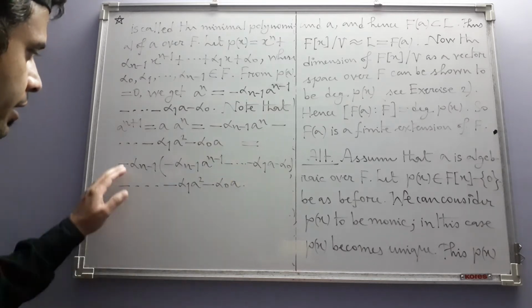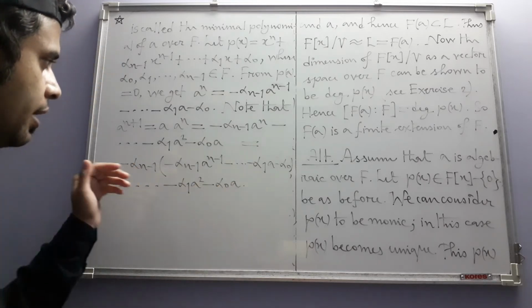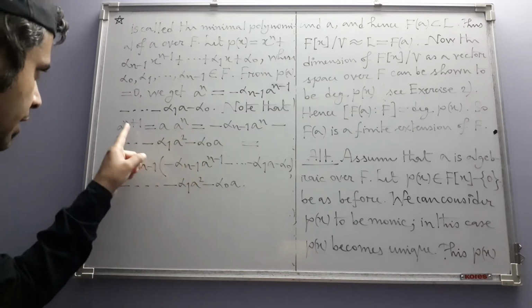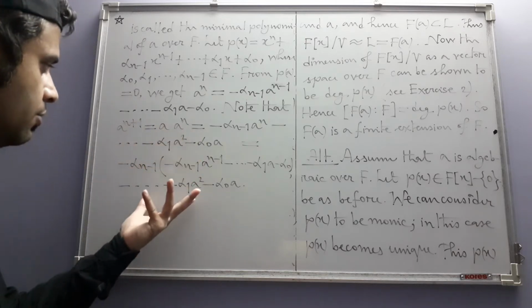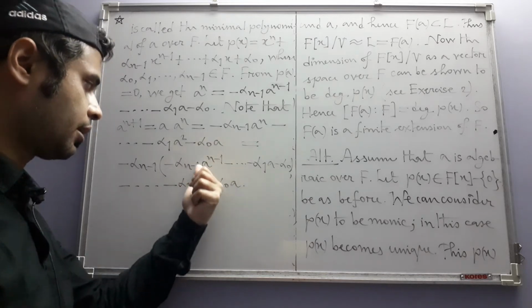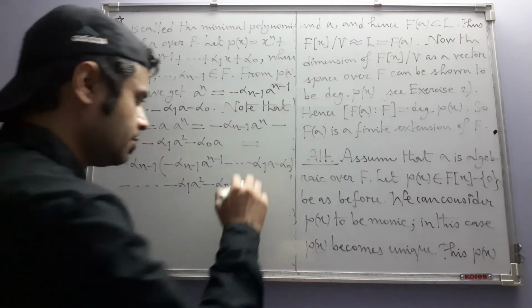So we see that ultimately, after doing all the necessary calculations and simplifying everything, A to the power n plus 1 also is a polynomial expression where the highest power of A is A to the power n minus 1.